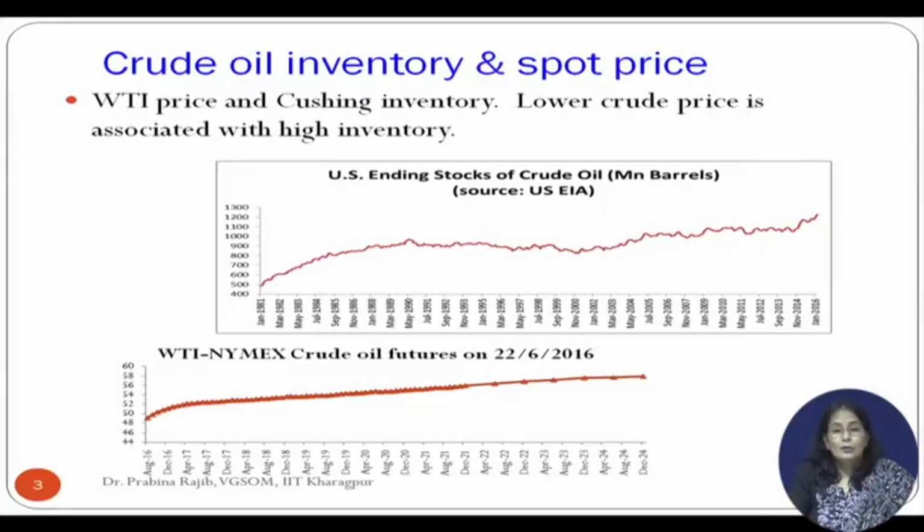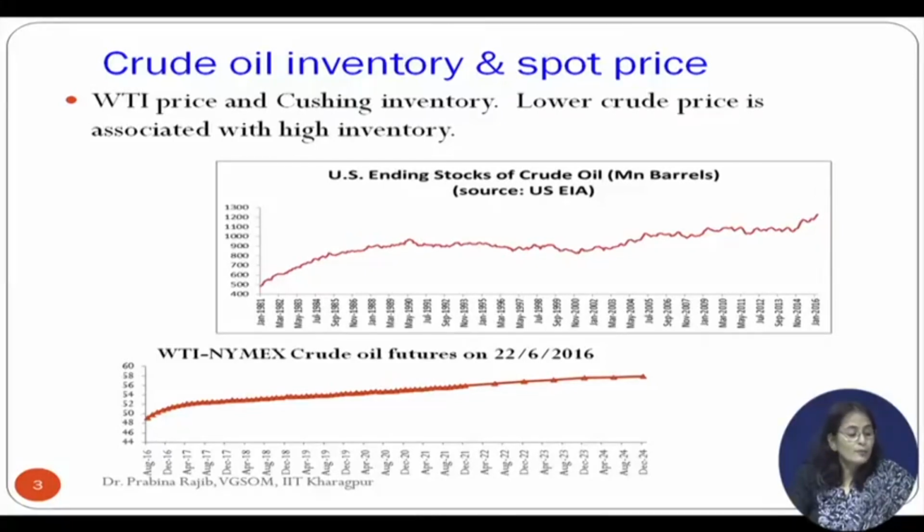The first picture shows the US ending stock of crude oil, the availability of crude oil. It is in million barrels as per the US EIA data, and I have converted it into 1,000 million barrels.